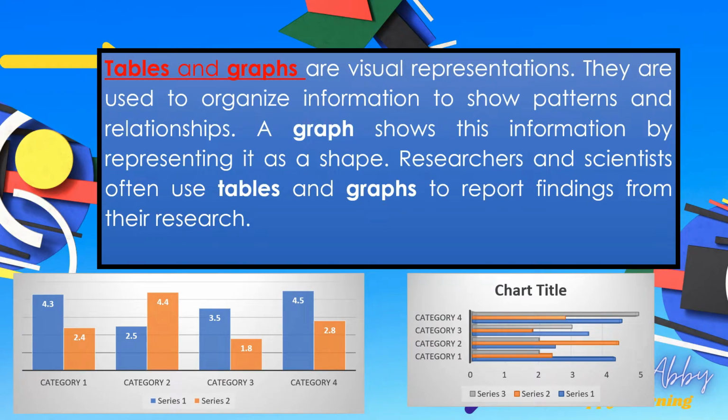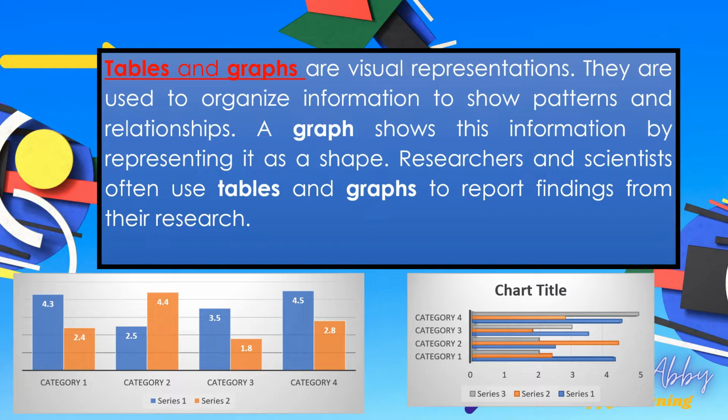Let's try to define tables and graphs. Tables and graphs are visual representations. They are used to organize information, to show patterns and relationships. A graph shows this information by representing it as a shape.